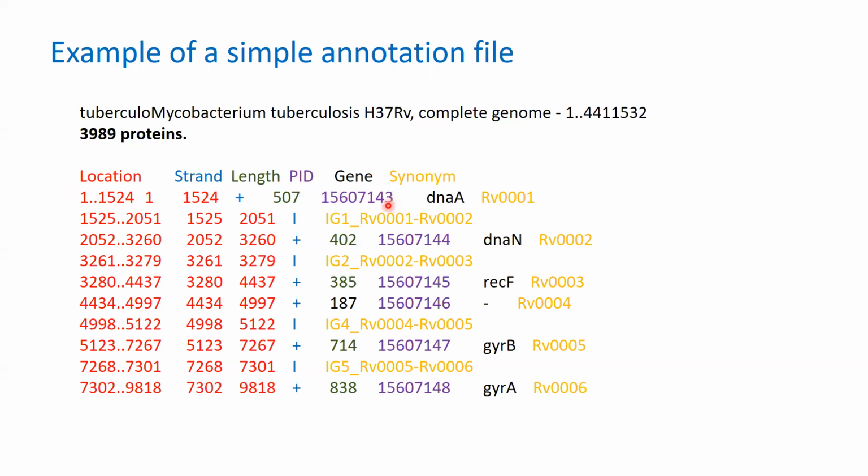It's the gene dnaA, and its H37Rv equivalent is Rv0001. So you have that for all the 3,989 proteins of the H37Rv chromosome. So any variant falling, for example, inside this interval will be annotated as belonging to dnaA.